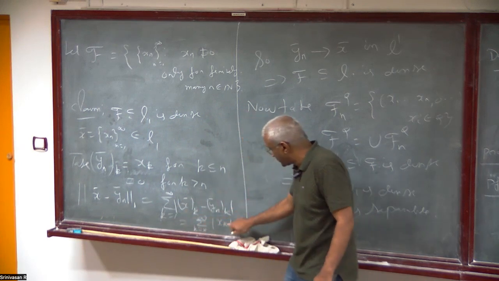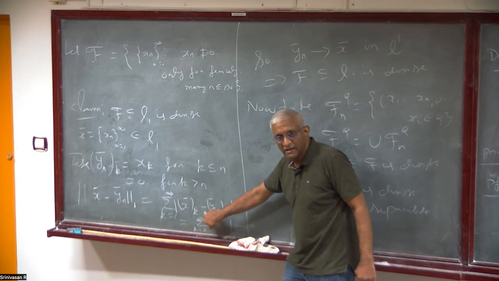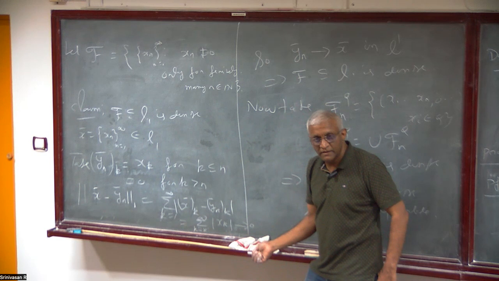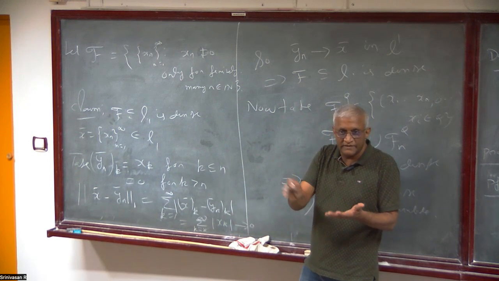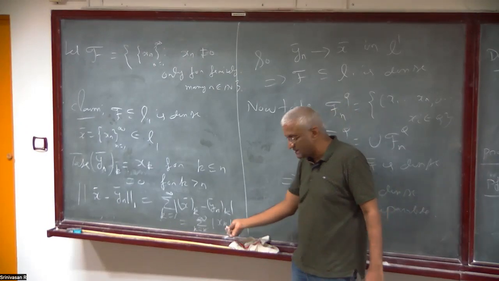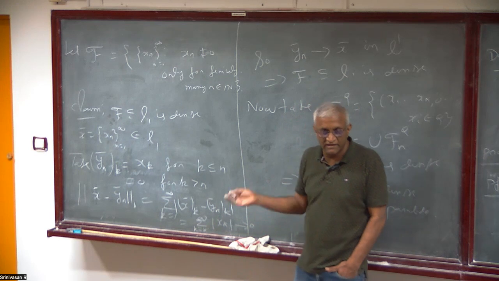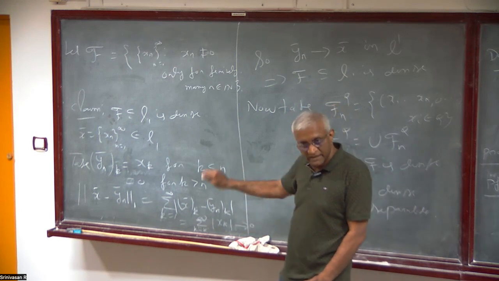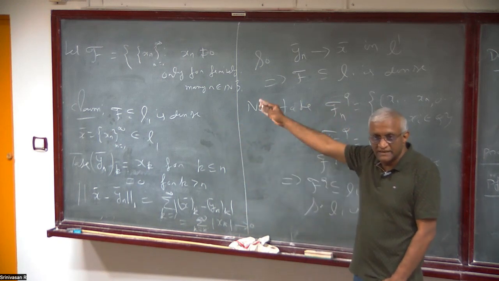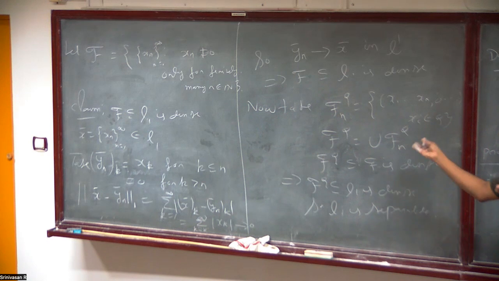So you get the summation for k equal to n to infinity. The definition of absolute convergence is that this goes to 0. The sum being less than infinity means precisely this. So that is done here. And after that, you just take rationals and do this. That's all.